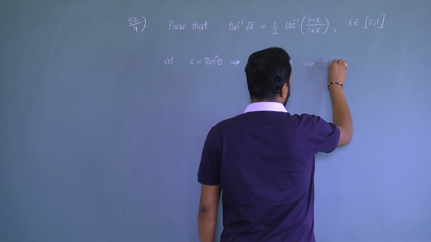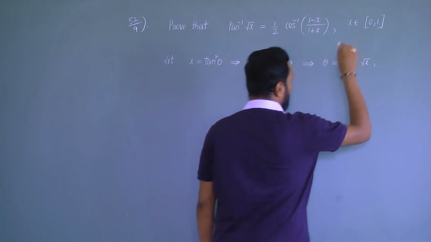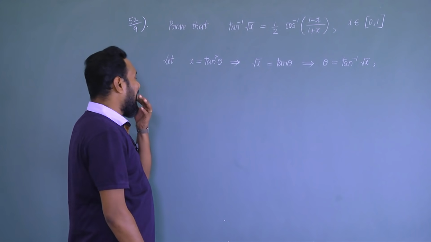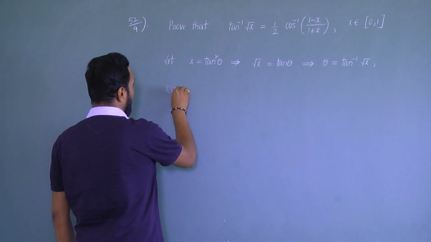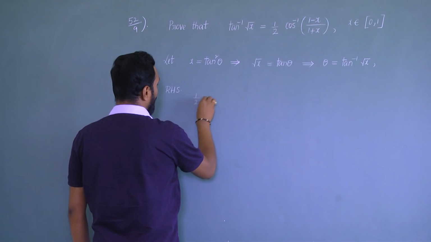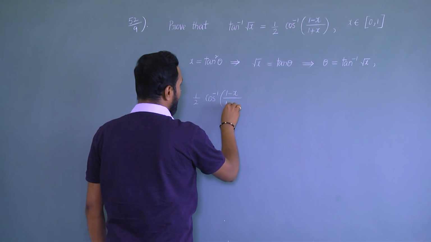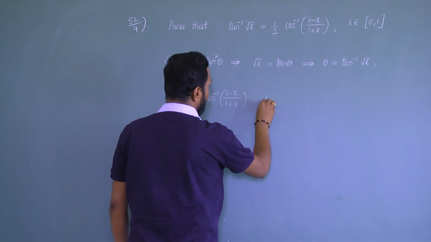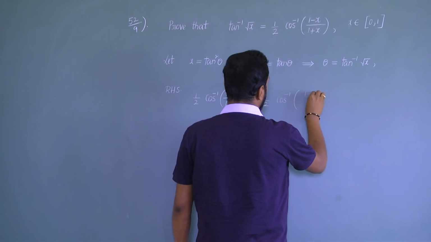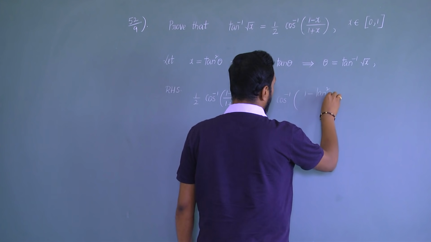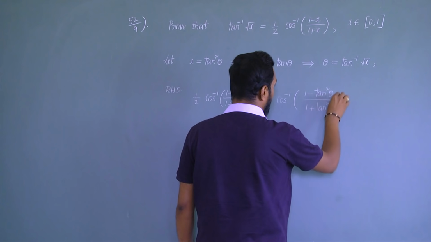This implies theta equals tan inverse root x. Now if you consider the RHS directly, half into cos inverse of (1 minus x) by (1 plus x) equals half into cos inverse of (1 minus tan square theta) divided by (1 plus tan square theta).